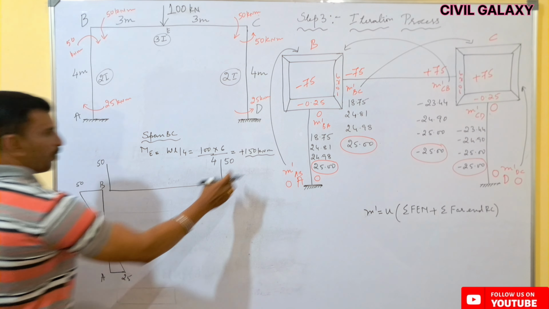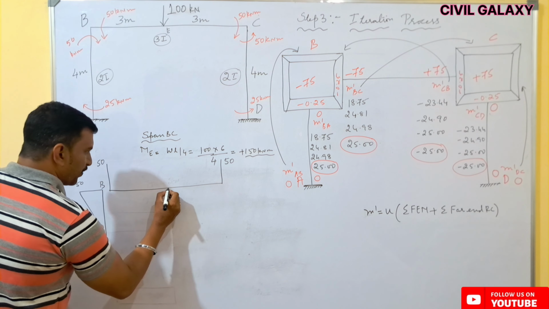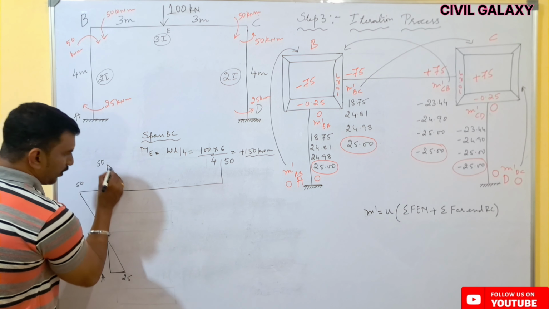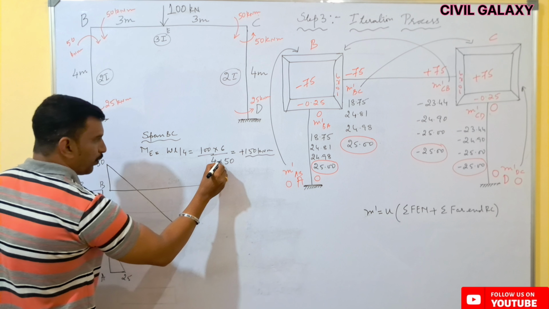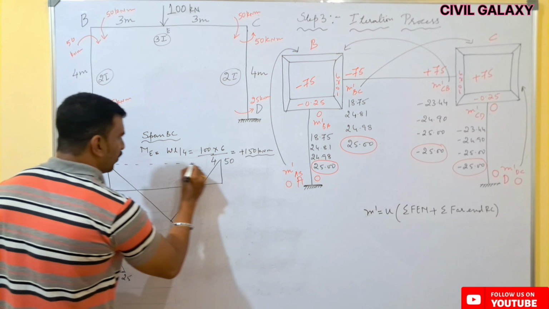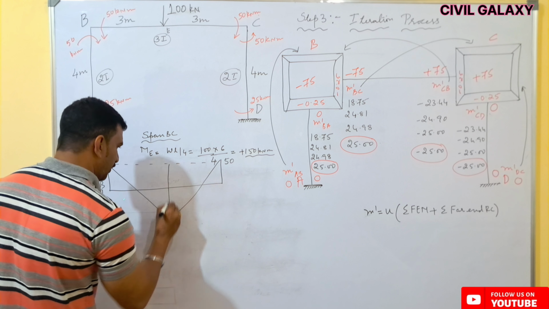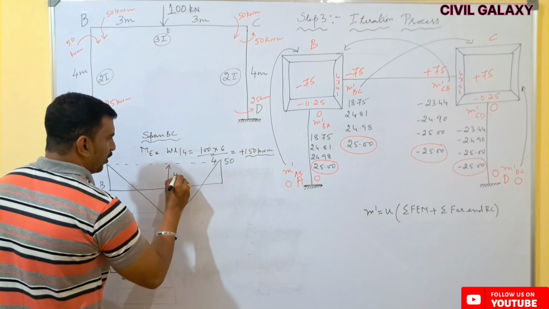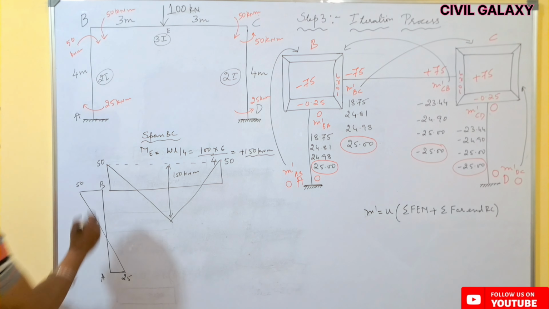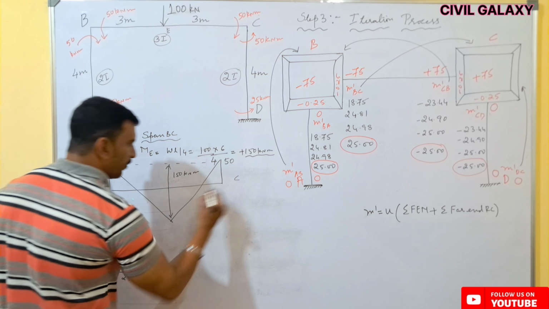The maximum bending moment we have got here is 150, at the mid support, somewhere here I will consider. So you can join it like this. This value here will be 150 kilonewton meters. This is B, this is C.